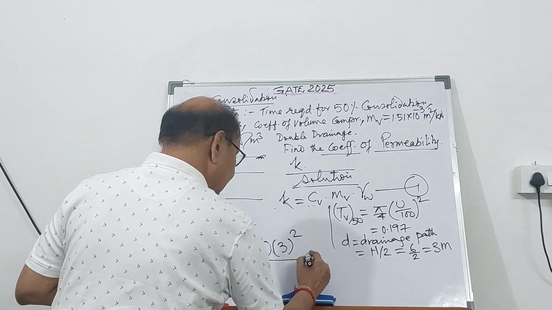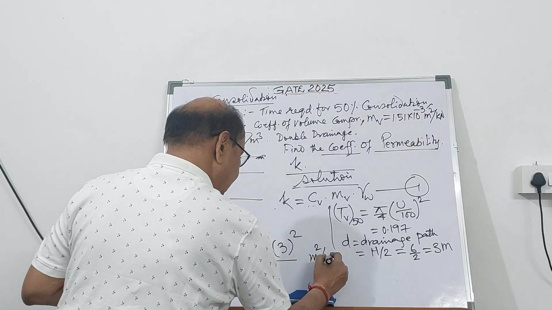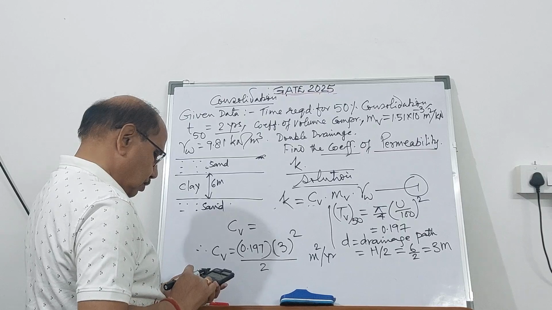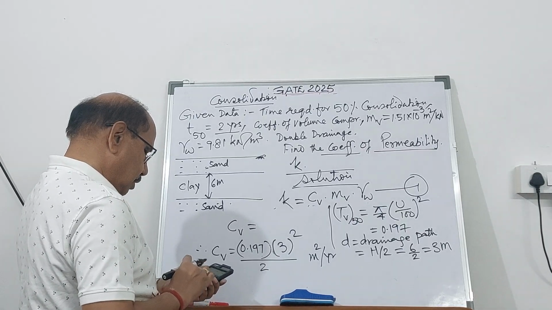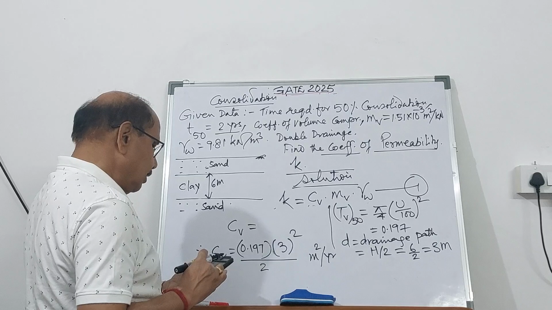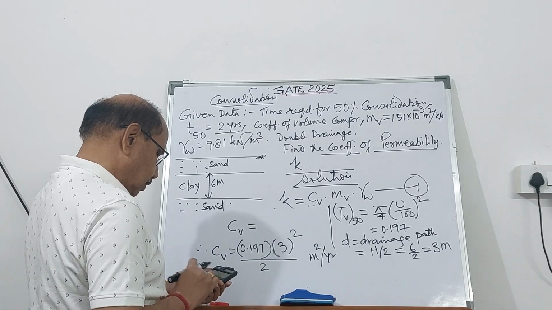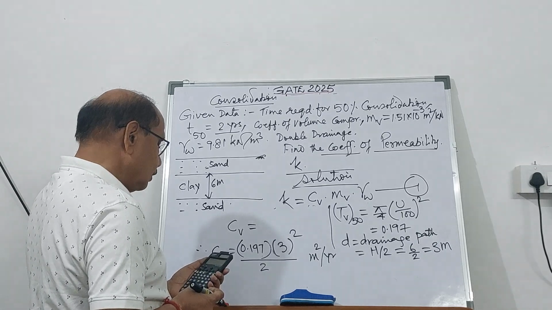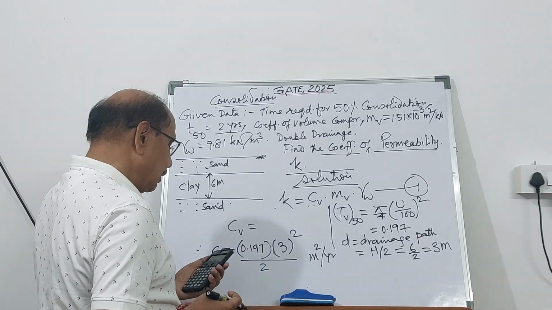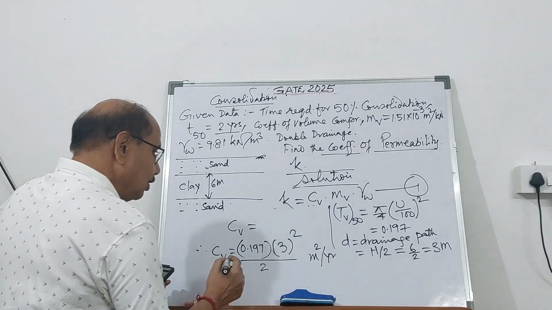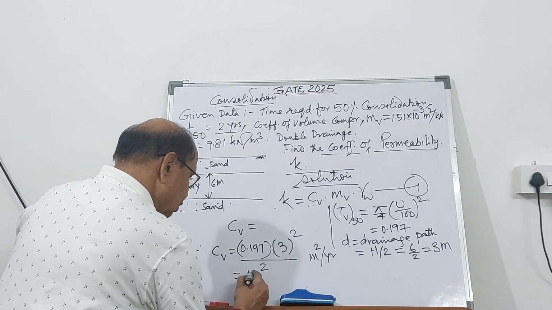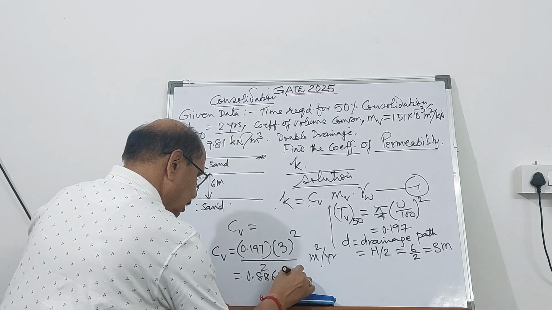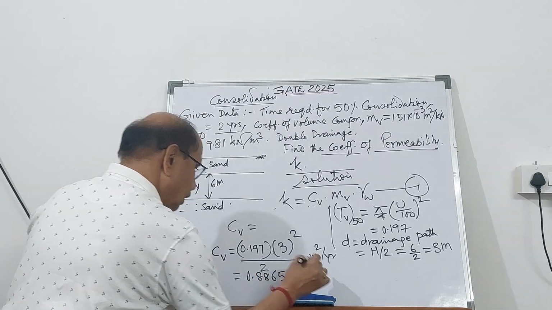So this will be meter square per year. Let me calculate this. The CV value is 0.8865 meter square per year.